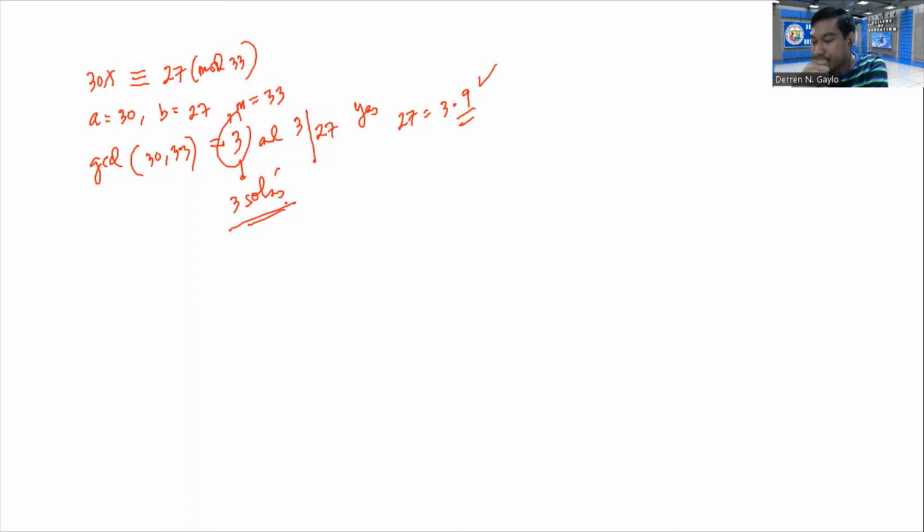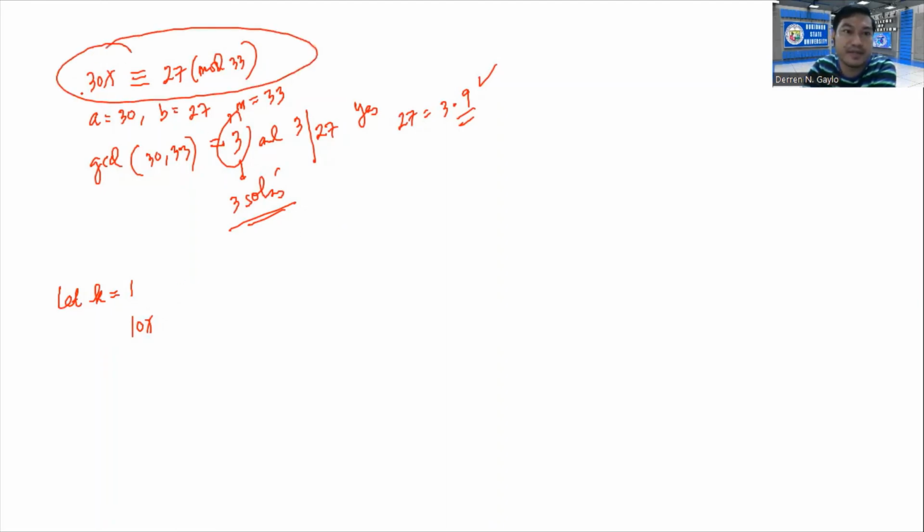So, karon ang atong buhaton, pangitaon na to yung mga solutions, no? Unsa ka ang mga solutions? So, let k is equal to 1. So, you have 10x. Wait. Atong i-simplify.